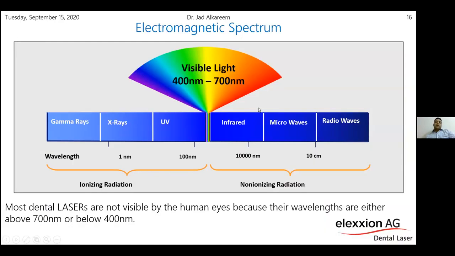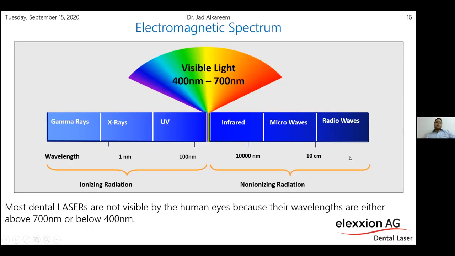If we have an energy or some kind of light which has a wavelength under 400, we will not be able to see it. And if we have another energy which has a wavelength above 700, we also will not be able to see it. So our eye can only see from 400 up to 700.